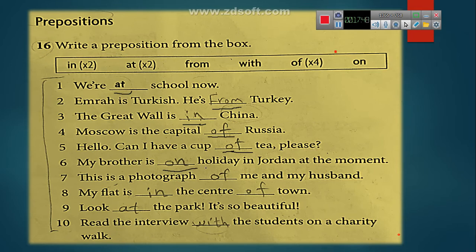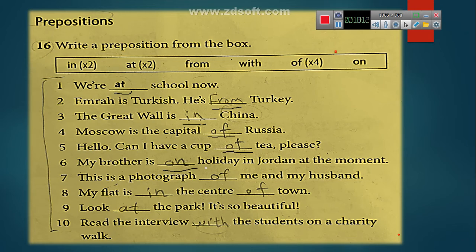For example, when I say the book is on the chair, it's used to describe street names. For example, the bank is on Main Street. As well, we use it on the boat, on the plane, on the train, on the bus, on the bicycle.